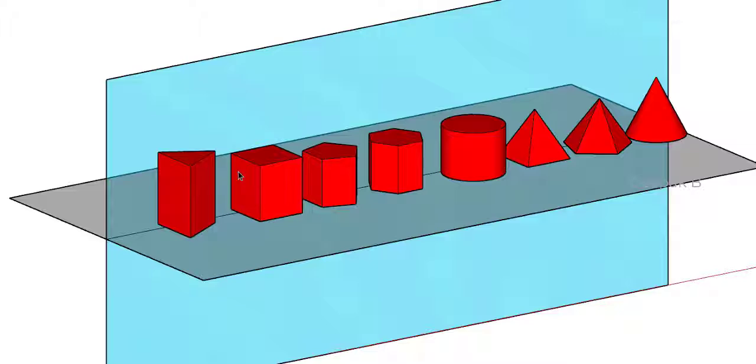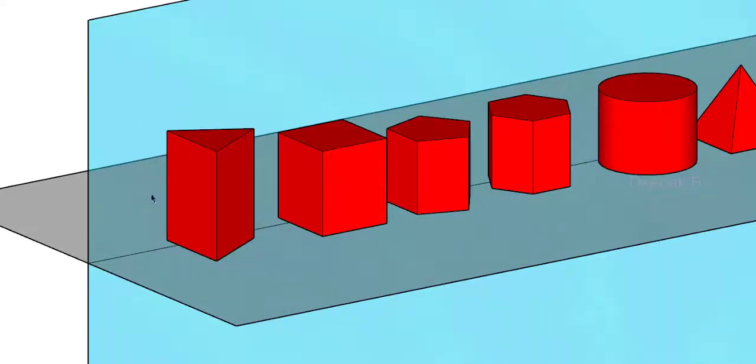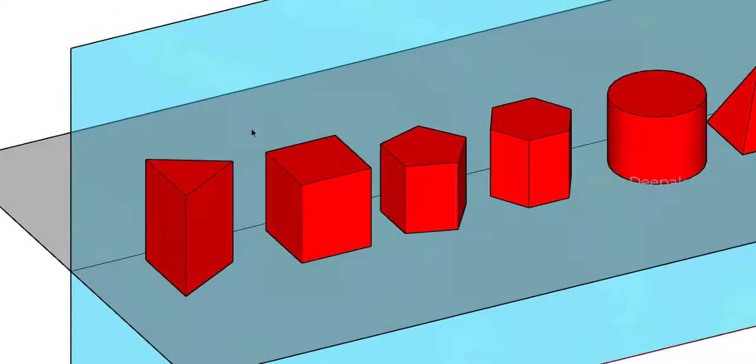The projection made on the vertical plane is the front view, and the projection made on the horizontal plane is the top view. So let's see how these projections of the solids will look. In the first case, the triangular prism, I'm going to now draw the projections.